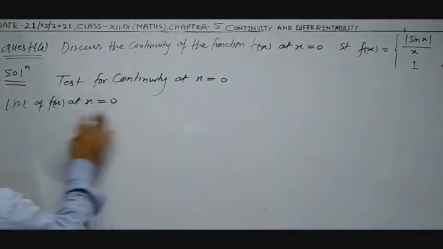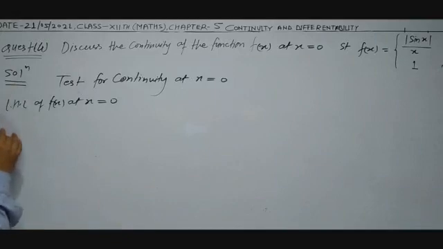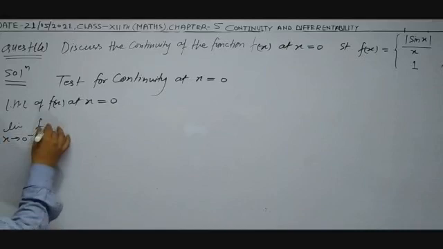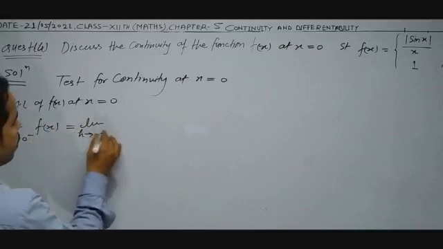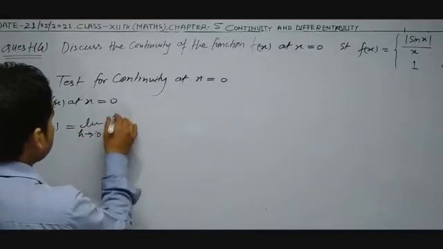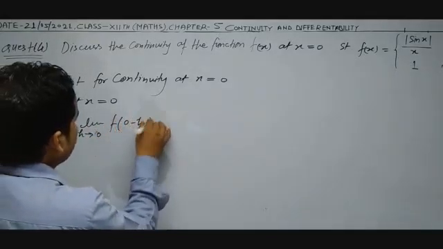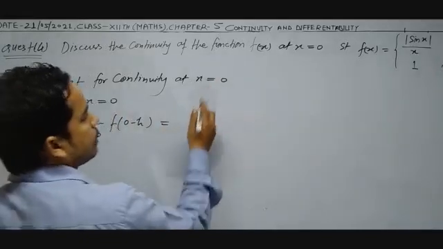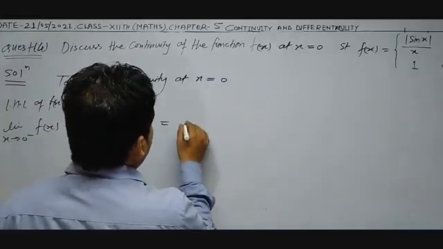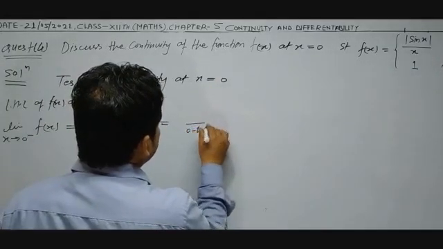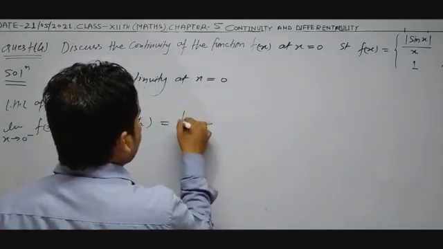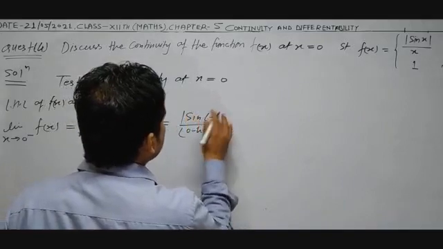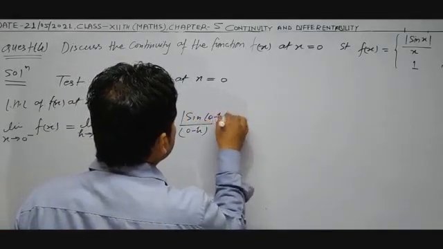LHL of f(x) at x equal to 0: limit x tends to 0 minus f of x is equal to limit h tends to 0 f of 0 minus h, and this can be written as mod of sine of (0 minus h) whole upon (0 minus h).